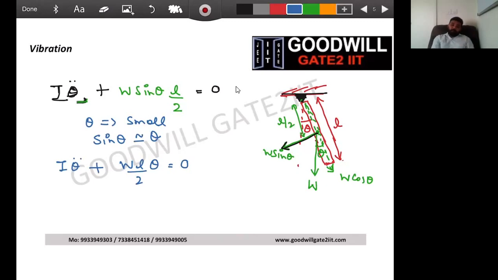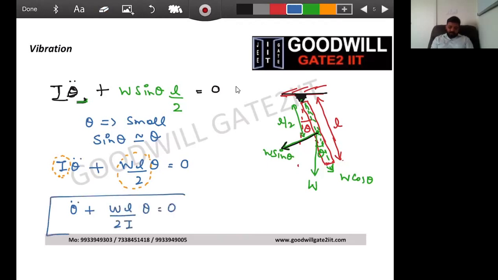Now, from your previous theory, what is the natural frequency of the system, guys? The natural frequency of the system is whatever coefficient you have with theta, that is WL by 2, divided by whatever coefficient you have with theta double dot. Or in other words, you can write it this way also: you can divide this whole expression by the coefficient you have here, and the equation will become something like this.